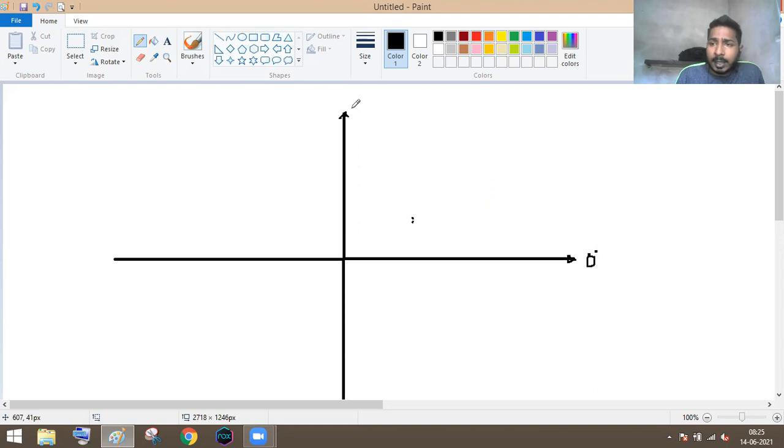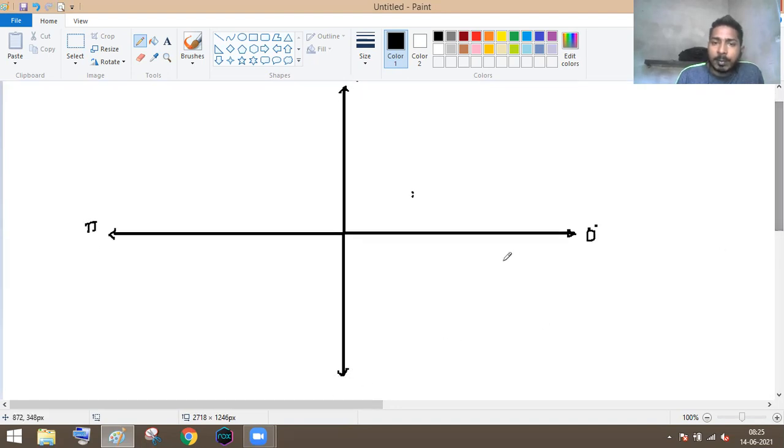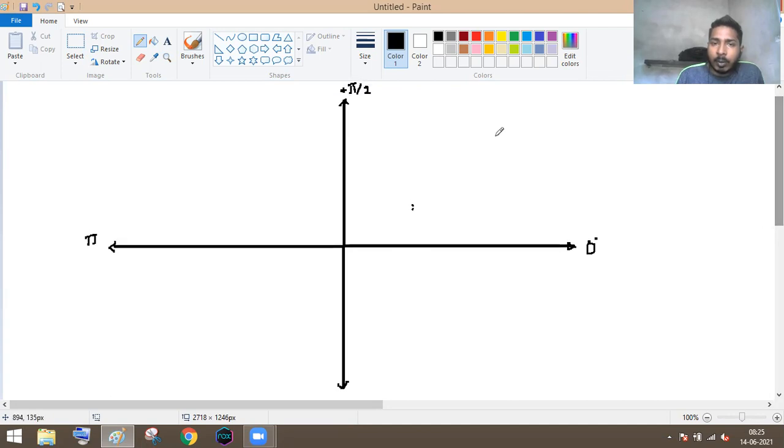Let's assume this is 90 degree, or pi by 2. This is pi or 180 degree. What about the below part? Can we say this is minus pi by 2? Yes, this is minus pi by 2.